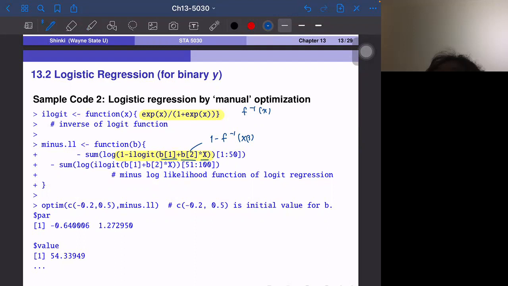Then actually the first 50 observations are failures. So we calculate 1 minus this and take summation. And for the success case, we just use f inverse of x beta as the likelihood. So this is the failure, and the last 50 observations are successes.